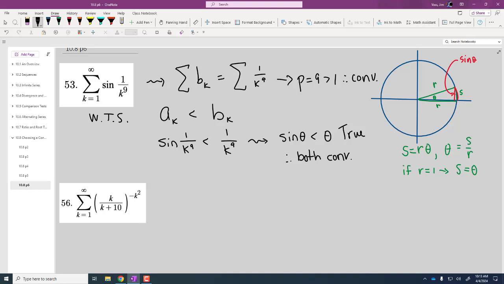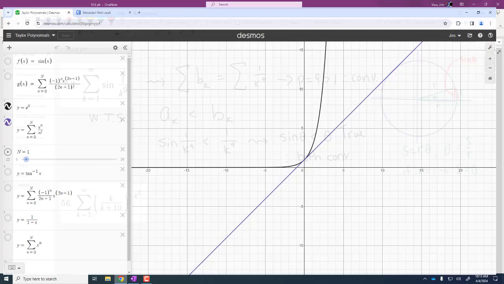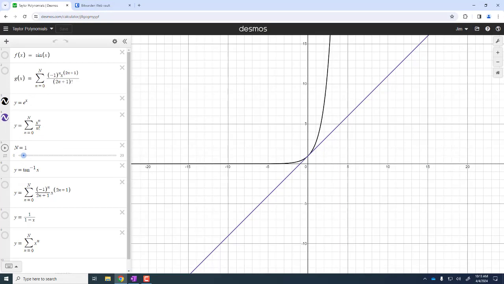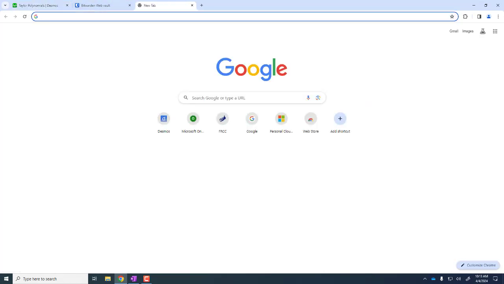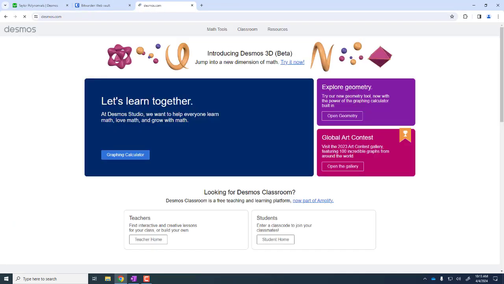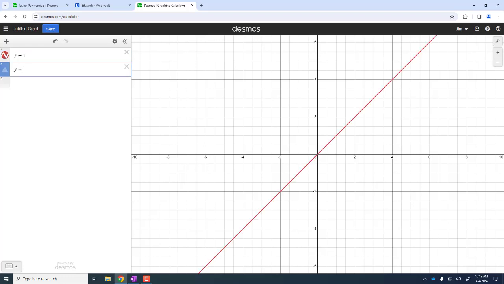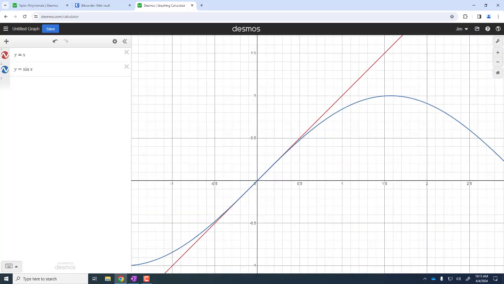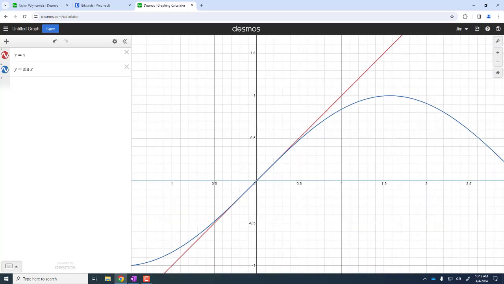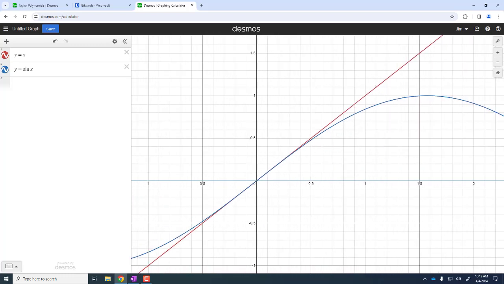You could also look at something like Desmos. Let's go to a new Desmos. If you graph y equals x, and you graph y equals sine of x, let's stretch this out a little bit.